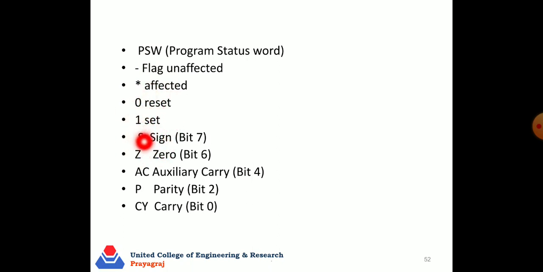S stands for sign flag, which is bit D7. Z stands for zero flag, bit D6. AC means auxiliary carry flag, bit D4. P stands for parity flag, bit D2. And CY is the carry flag, bit D0. So that is all about the flags or PSW.